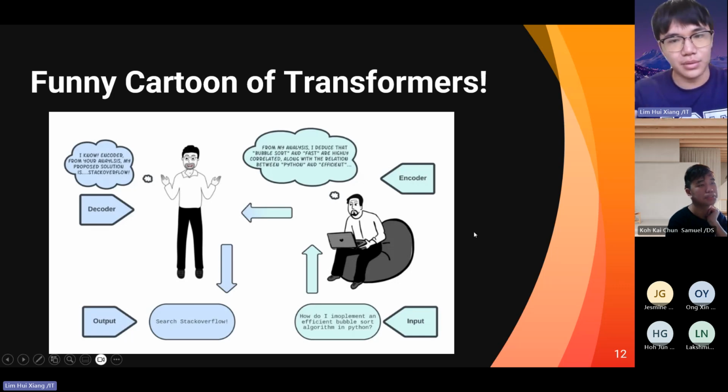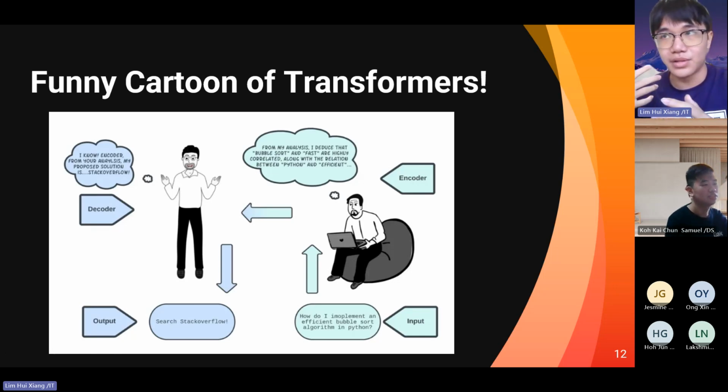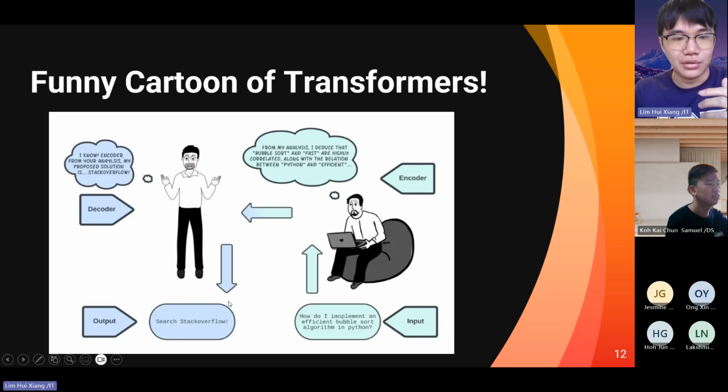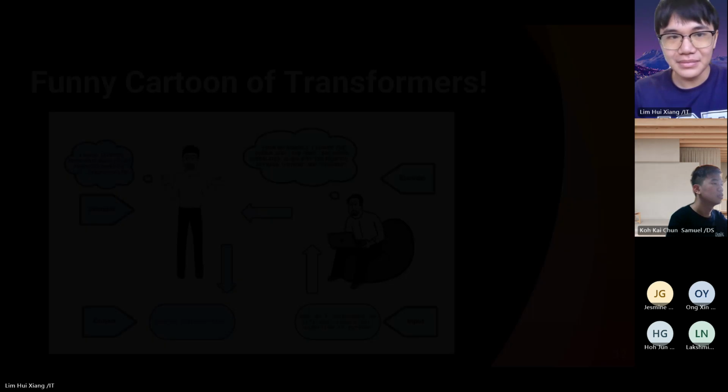If you remember what I said previously, it tries to find a relationship between the expected output and the input. This is where you say, oh, I know the answer because I know the relationship. From there, it's able to propose an answer for you, which is to search Stack Overflow on how to implement the effective algorithm, etc.